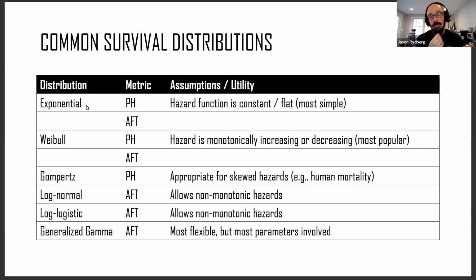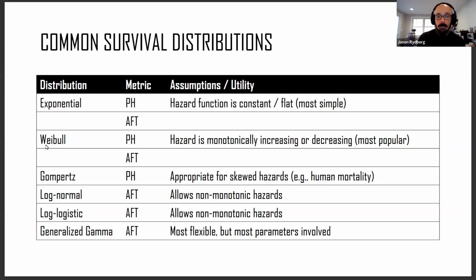The exponential distribution has only one parameter, a rate parameter. So this is useful when the hazard is assumed to be constant over time; the hazard does not change. I'm not sure I can think off the top of my head of phenomena that meet that scenario, but I suppose they could exist. So that's the simplest one of these.